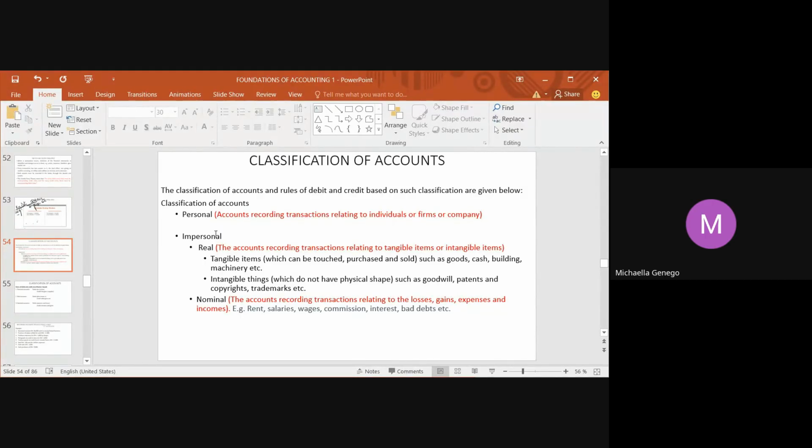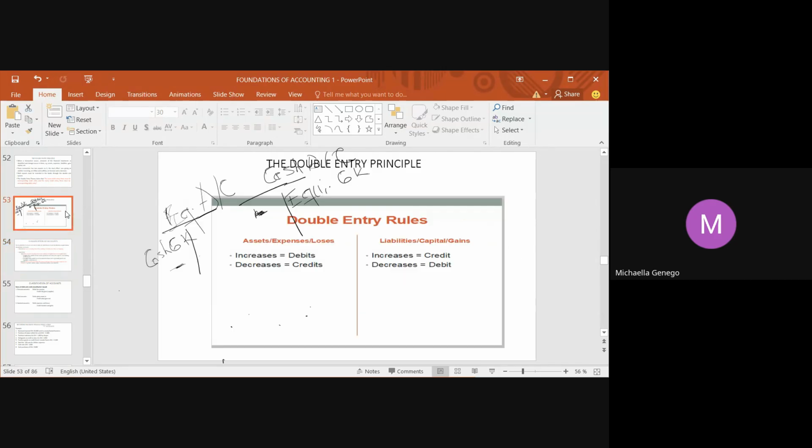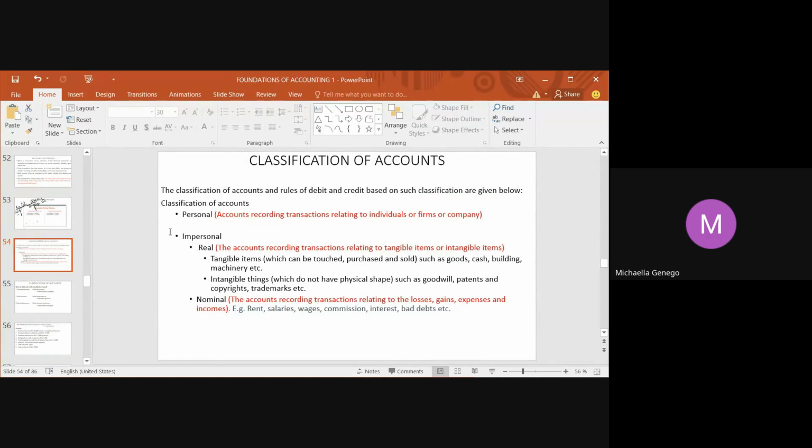And then we spoke about ledgers in our first lecture. These T accounts we are creating are called ledgers. So this is telling us that there are some classifications for ledgers. We have personal and impersonal ledger accounts.